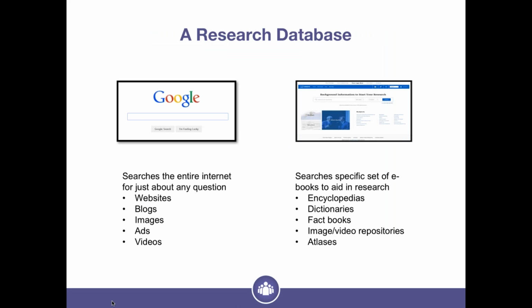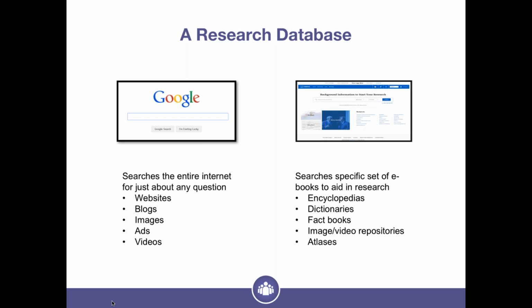So I'm going to talk about what Credo is while comparing it to other things that you're probably super familiar with. So what is Credo Reference? I said it's a research starting point. It's a place where you can gather background information to begin your research. Now, Google's a big search engine.